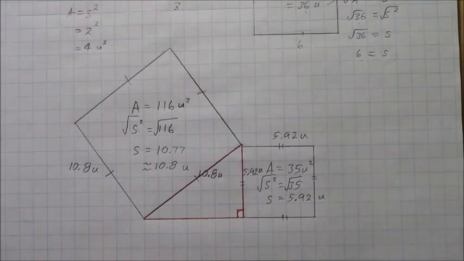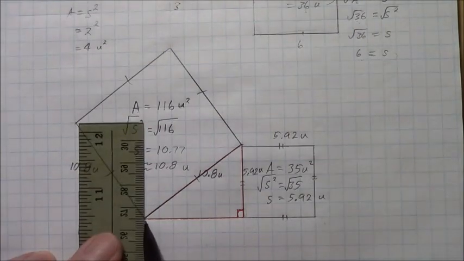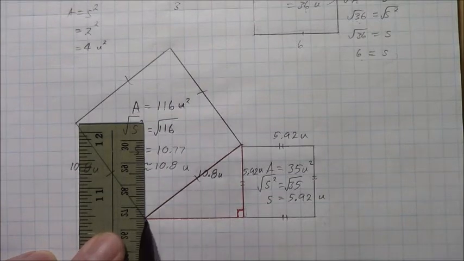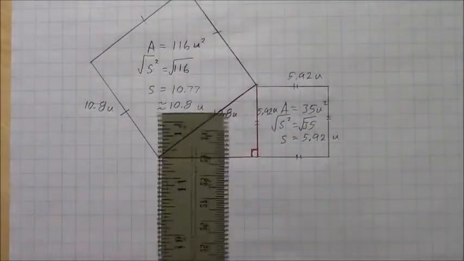Okay, so now thinking back to Pythagoras, we go back here and we're going to draw another square. 2, 4, 6, 7. So I'll draw a square to make it as accurate as possible.